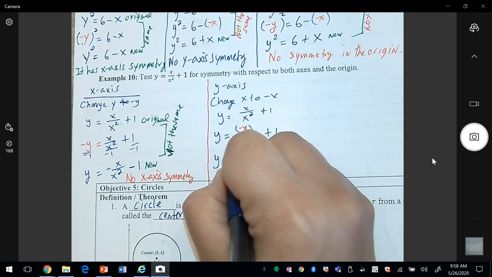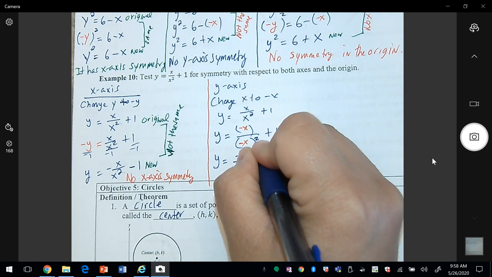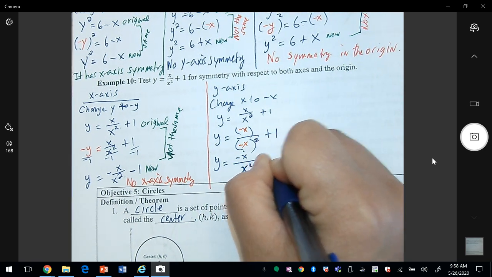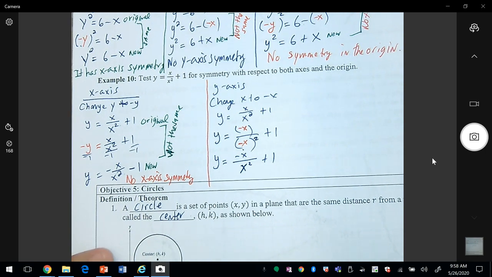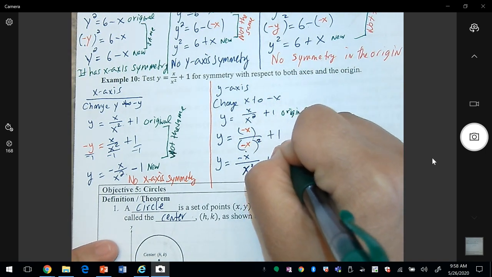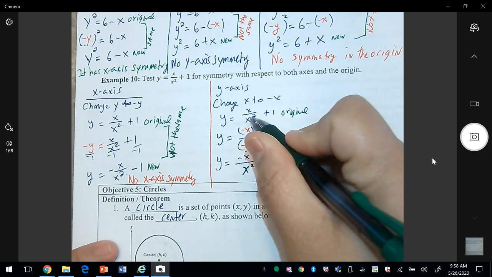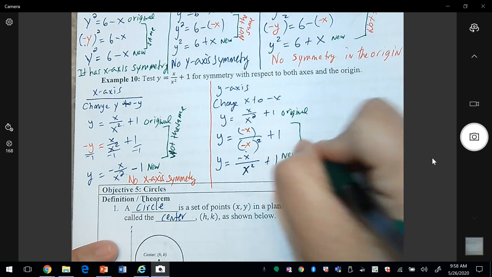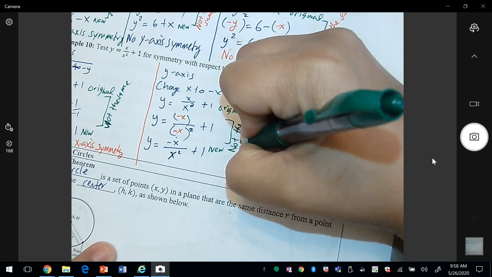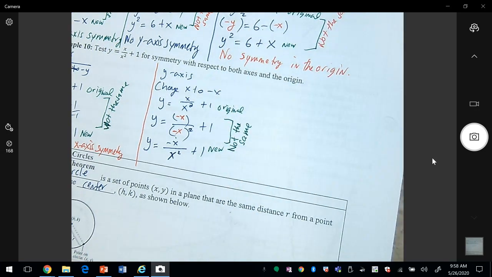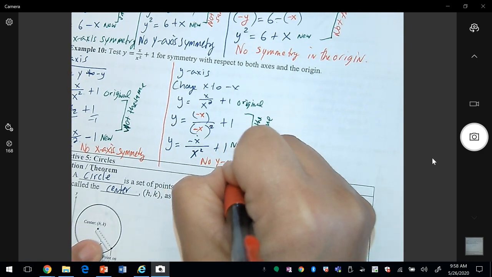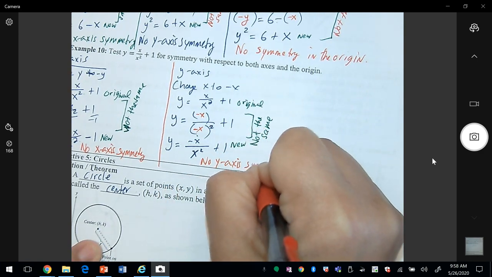So here we get negative x. Negative x squared is positive x squared, and then plus 1. Compare the equations. This is your original, and this is the new one. And you can tell that they're different. So these are not the same. So what that means is that there is no y-axis symmetry.